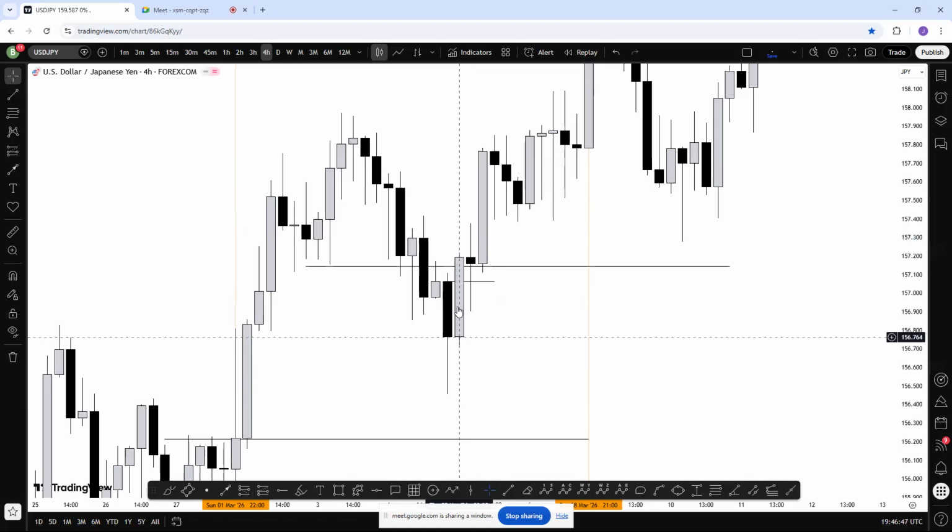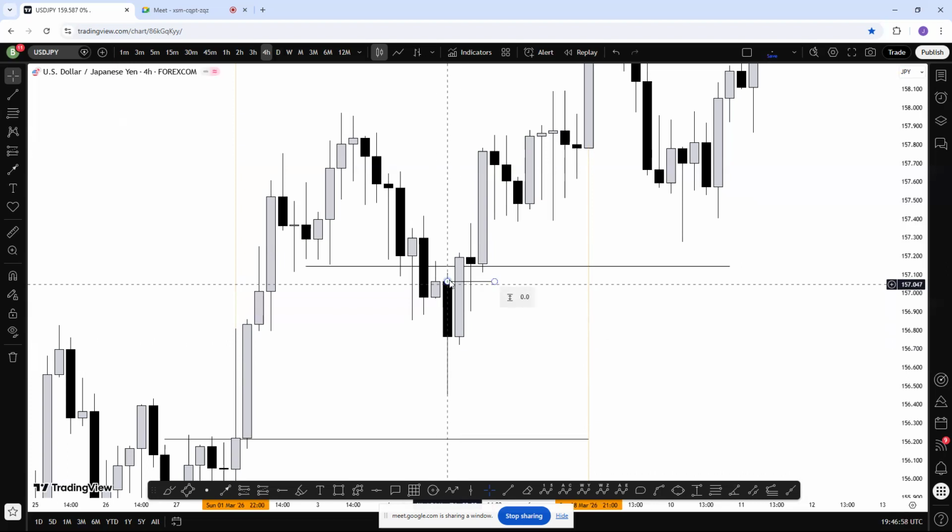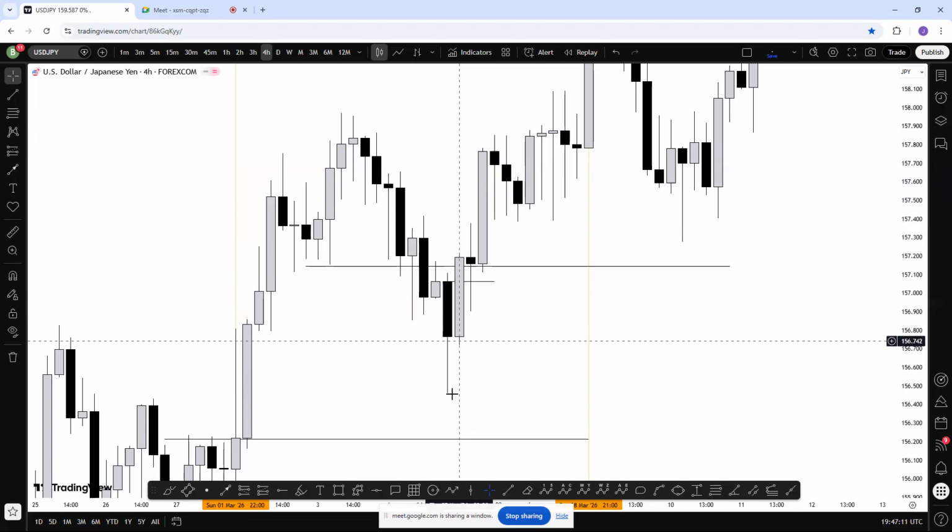You see how price engulfed the opening of this candle. Engulfing means when a candle closes above the open price, not the wick, I mean the open. Even if it closes above the wick, it's still an order block. It's still a confirmation. So this is your opportunity to go higher.